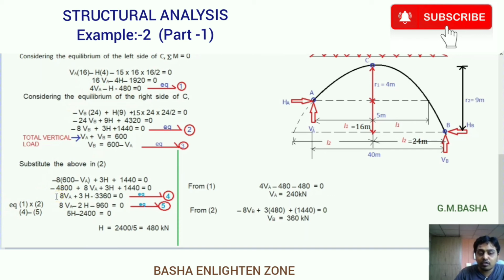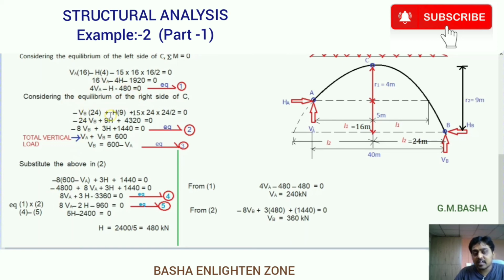Here equation 4 will be 8VA plus 3H minus 3360. So here there will be two chances. I am taking into 2 here, so you will get VA value also will be equal to 8VA like equation number 4. Again the remaining values will be minus 2H and minus 480. Whenever we are simplifying this one, both 8VA terms will be cancelled and the remaining H value will be there. You will get that unknown.